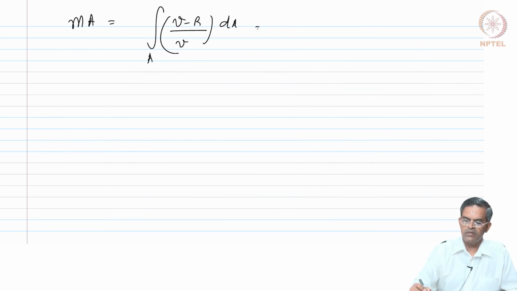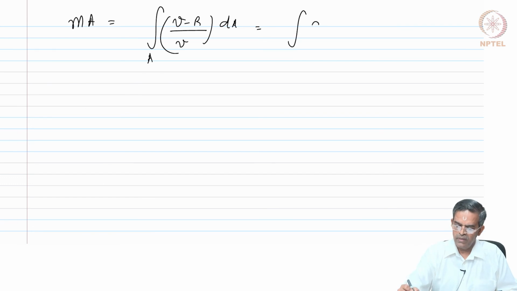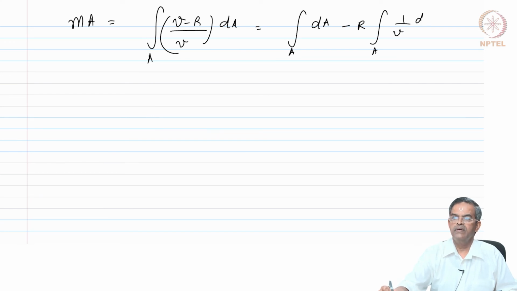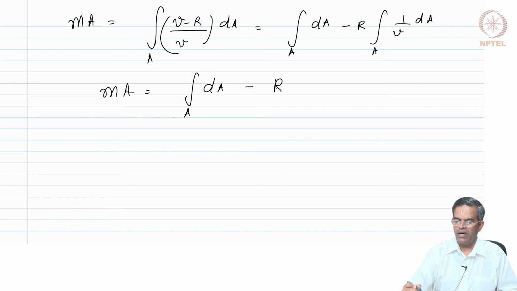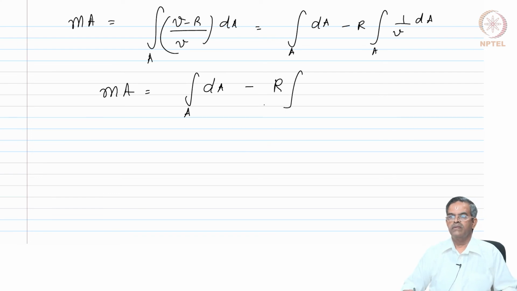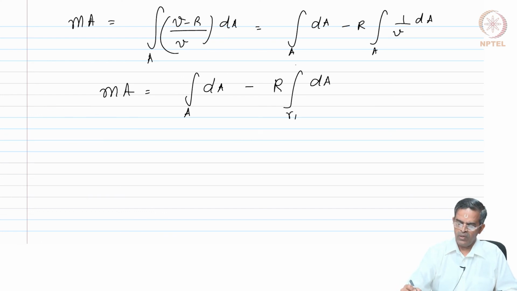I split this integral into two parts, which is integral dA for A minus R times integral 1 by V dA, am I right? Which will now become integral dA for the area A minus R times integral dA by V, which runs from R1 to R2 from the figure, am I right?